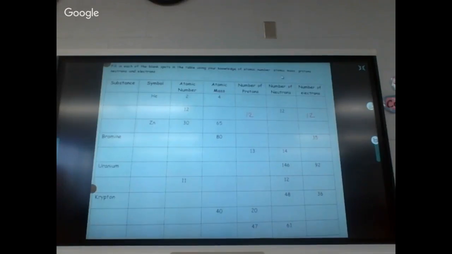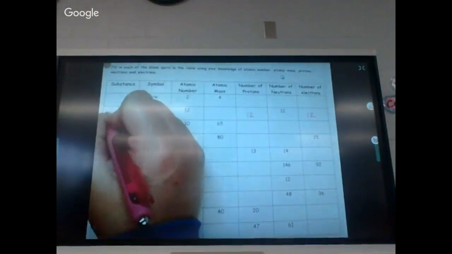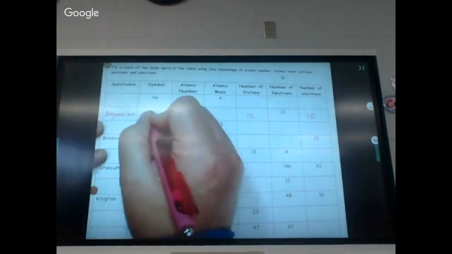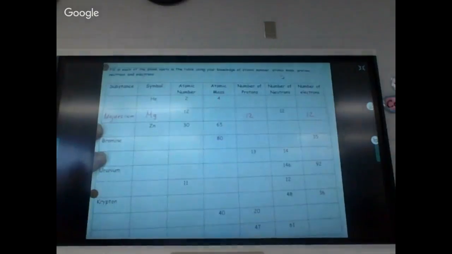This is what we were doing when we were working backwards. Frontwards and backwards. We know the what? We can find the mass. That's not hard, but I was thinking symbol and substance might be a whole lot easier. Oh, all right, how'd you know it was Mg? Because 12 tells you to look up the element on the periodic table, which is what? Magnesium. So you're going to find that it's magnesium. So you're going to write magnesium here. And its symbol is Mg. Okay? So we got those two.